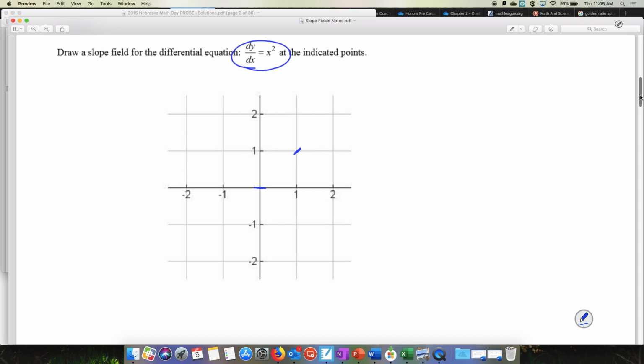Okay? Can I trust you to draw these slopes on your paper as I draw them on my paper and we think independently of each other? Yes.